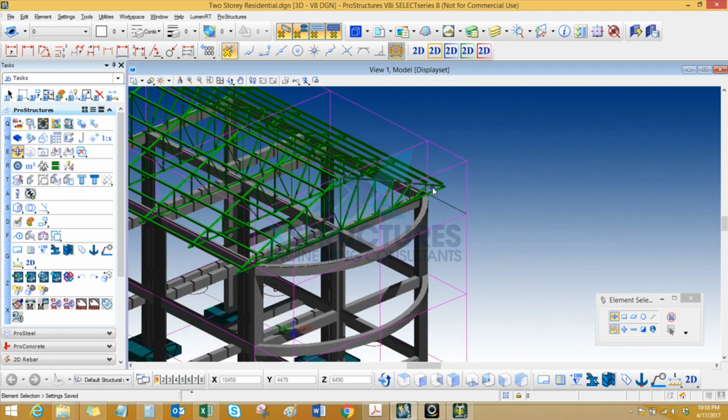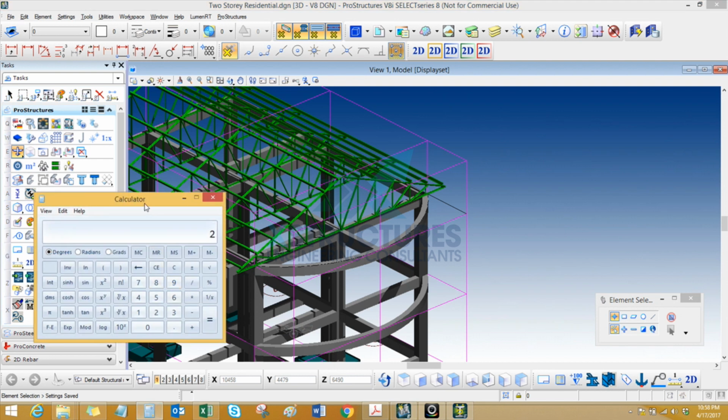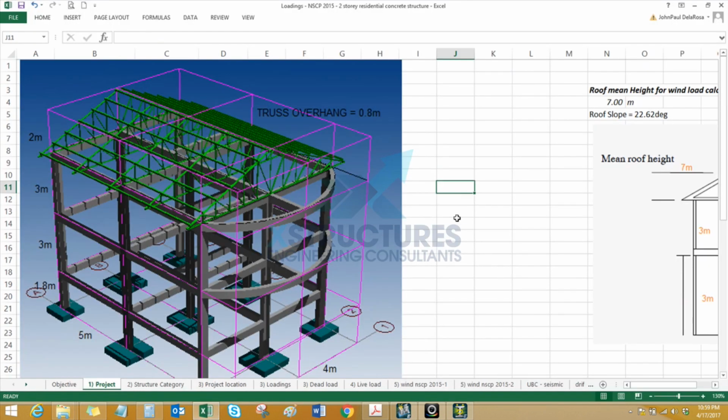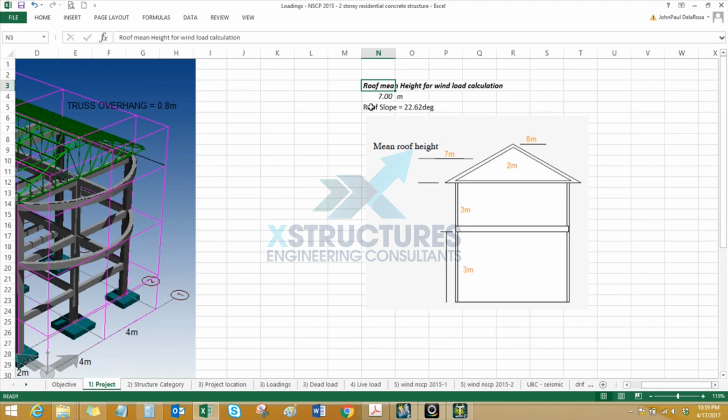So, yung angle ng truss natin, bali, 2 divide 4.8, then i-inverse natin tangent, so around 22.62 degree. So, yung roof slope natin is 22.62 degree. Then, yung roof mean height natin para sa wind load calculation is 7 meters.